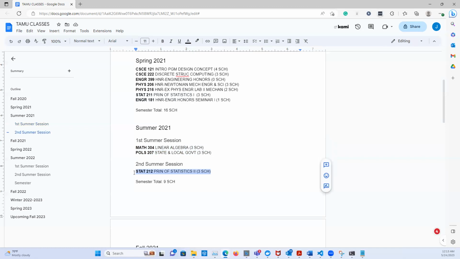Then for the second summer session, which is the last 5 weeks. So this is the first 5 weeks, and this is the second 5 weeks. So this is the second introductory statistics class. And so this dealt with more complex statistics topics. So how to transform nonlinear models into linear models, multivariate models, and as well as some more different types of distributions.